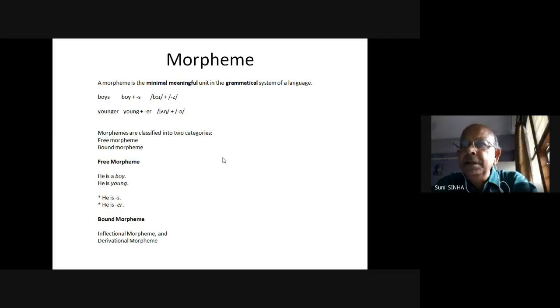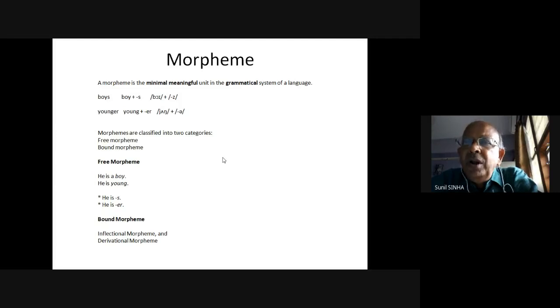And these are three very important words. A morpheme is the minimal, meaningful unit in the grammatical system of a language. That is, a morpheme is minimal, and at the same time, it has to be meaningful.